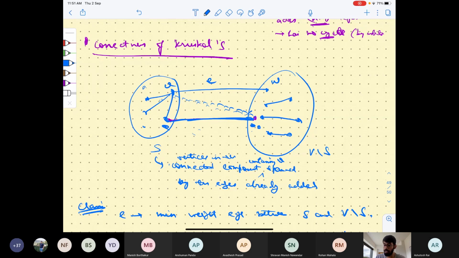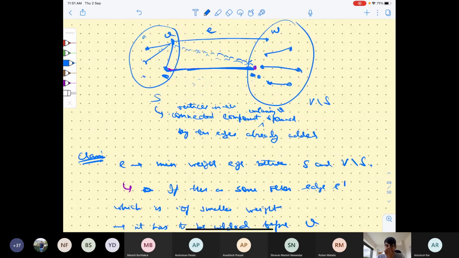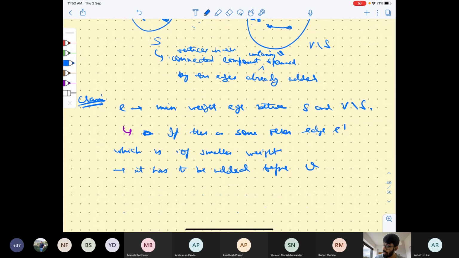But since we have taken this connected component to be such that it only has the vertices connected to V, that is why this cannot cause a cycle, right? So it has not been added, and that is a contradiction. If it had to be added, then why is E being added? So that is a contradiction.